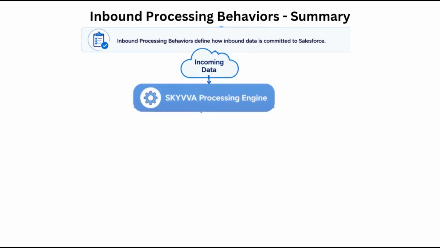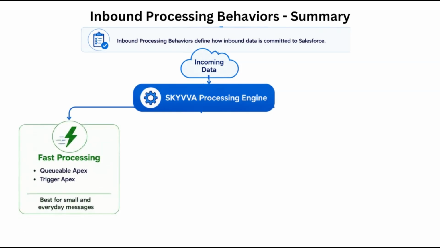To summarize, the inbound processing behavior determines how inbound data is processed and committed to Salesforce in asynchronous mode. As shown in the diagram, SKYVVA provides three main processing approaches. For small and everyday messages, you can use Queueable Apex or Trigger Apex, which offer fast and efficient execution.